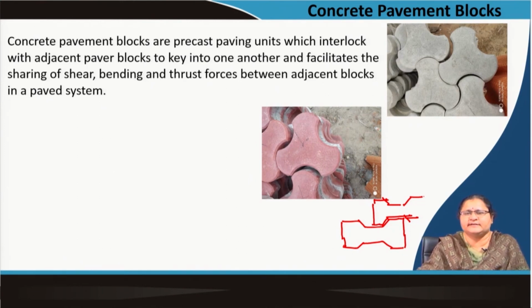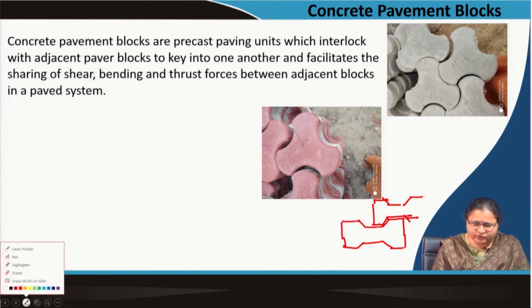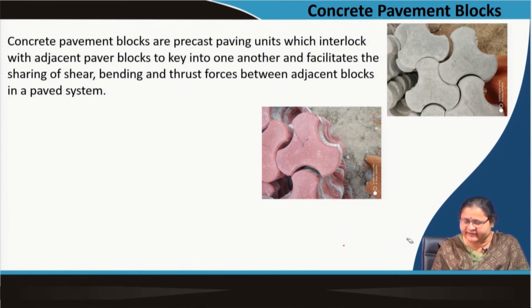What are the advantages of that? You can always pick up any one piece with a little effort, and you can open up the entire assembly. So, it is important to propose such units in areas where you sometimes need to access city level infrastructure.